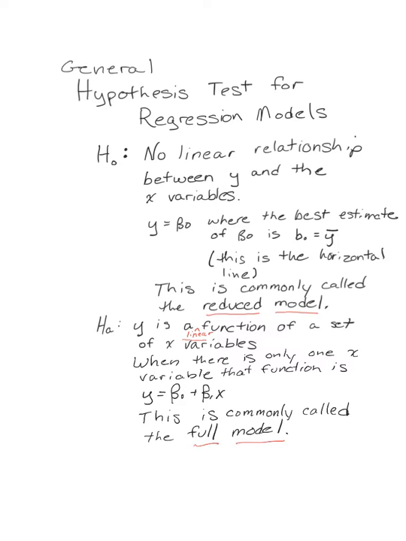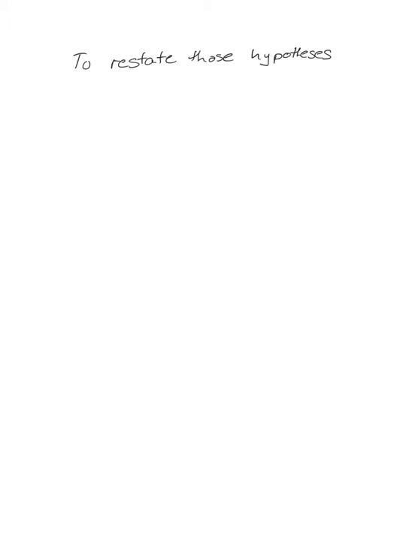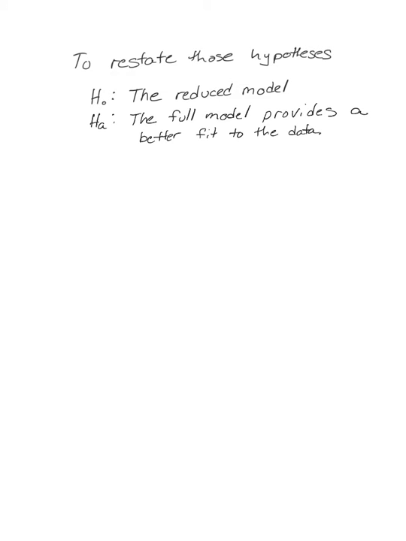And when I say the full model, I'm talking about this general formulation that could have more than one x variable, not just the simple case with one x variable. To restate those hypotheses, the null hypothesis is the reduced model, and the alternative hypothesis says the full model provides a better fit to the data.